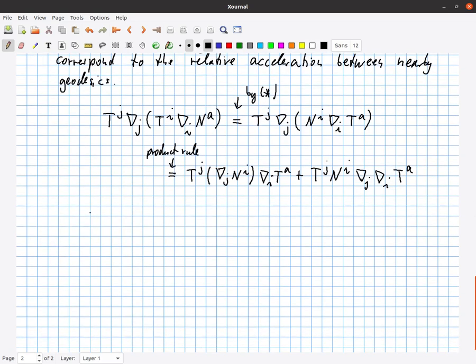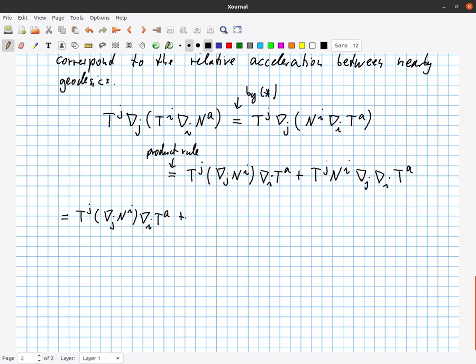Next, we use a nice little trick. We don't touch the first term. We just leave it alone for a second: ∇_j n^i ∇_i T^a. The question is, how can I force the Riemann curvature tensor into this?